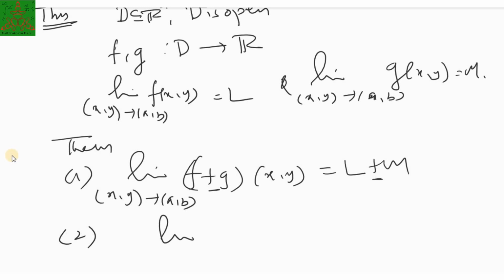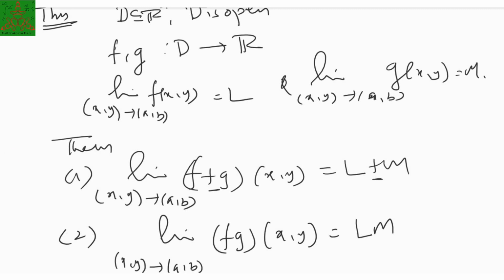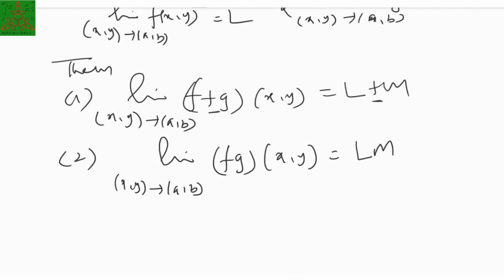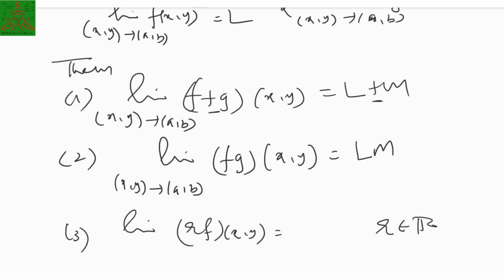The second result is that the limit of f times g at (x, y) will be L times M as (x, y) tends to (a, b). The third result: if you have a real number r, then the limit of r times f at (x, y) will be rL as (x, y) tends to (a, b).